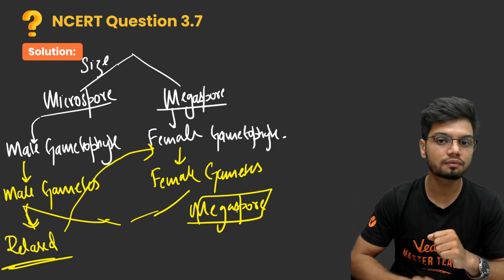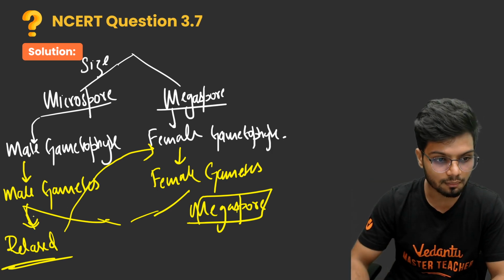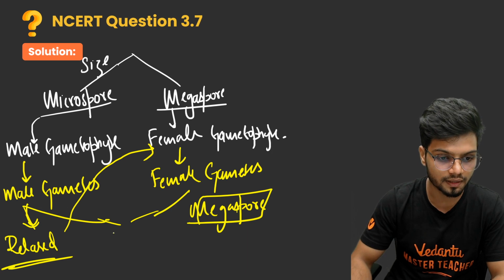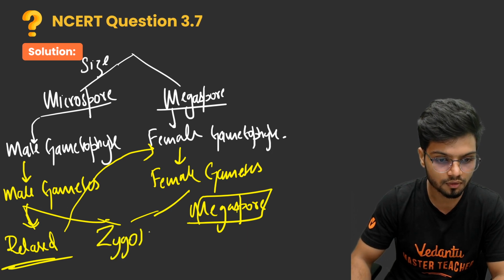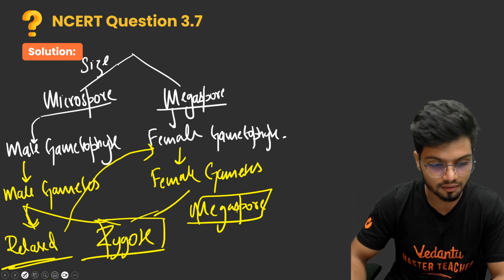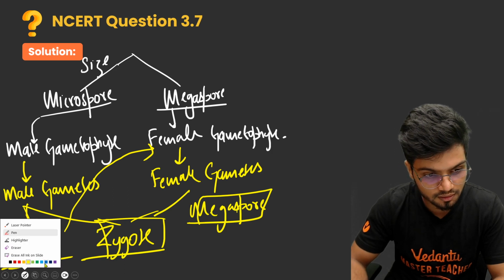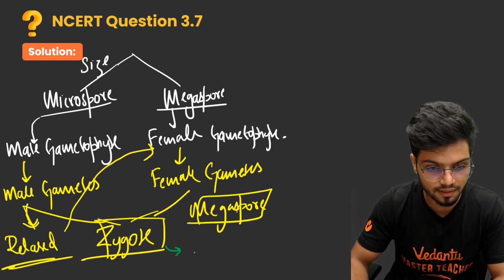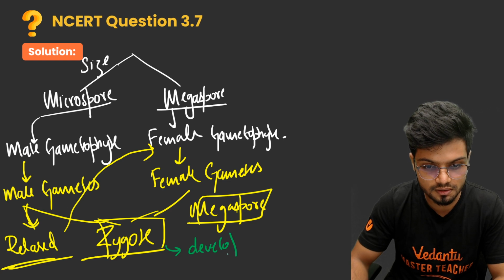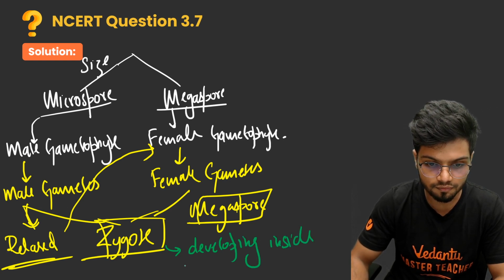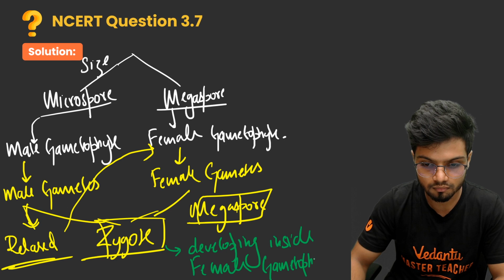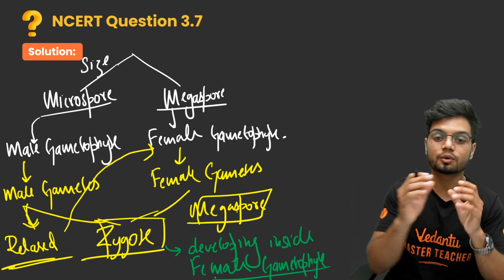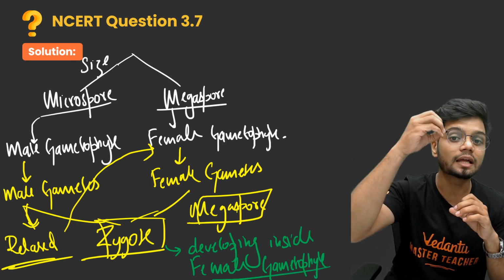Fusion between the male and the female gametes results in the zygote, and the zygote develops inside the female gametophyte.